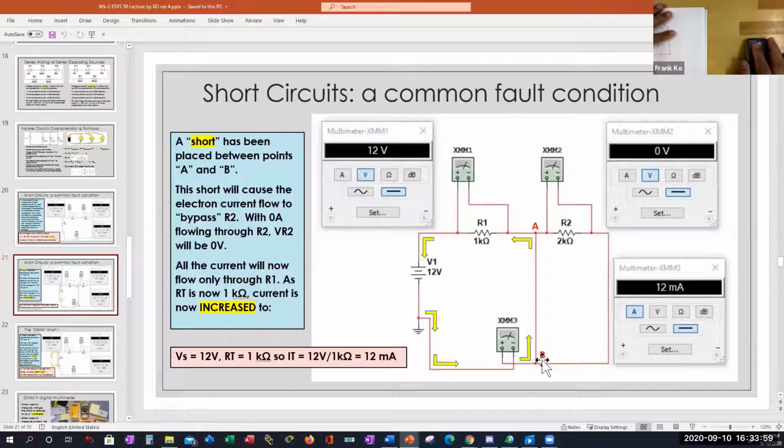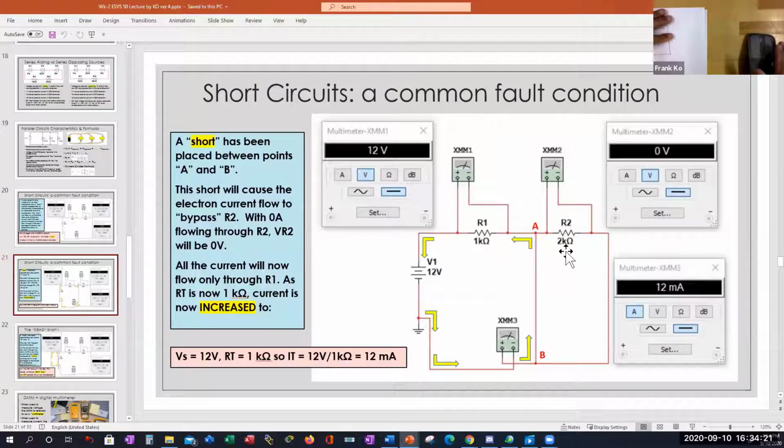Take a look at the path going to the right. Current comes up here, and then all of a sudden it sees a resistor. Uh-oh, it sees 2 k ohms. How many ohms on this path going straight up? 0. How many ohms on this path coming around to the right? 2,000 ohms.